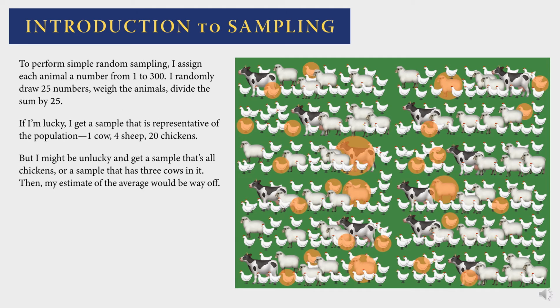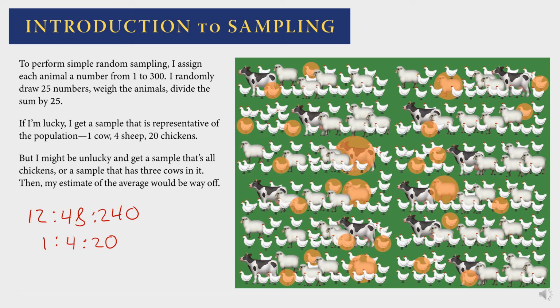I take a simple random sample of 25 animals. Now, the population proportion was 12 cows, 48 sheep, 240 chickens. And if you divide each of these numbers by 12, you get 1, 4, 20. So a representative sample of 25 animals would be 1 cow, 4 sheep, and 20 chickens.